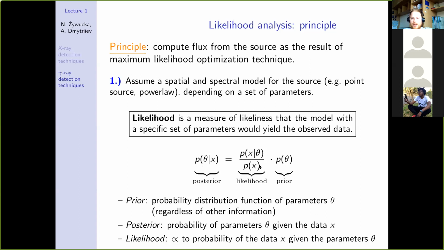So the likelihood is the posterior divided by prior. It is proportional to the probability of the data that we got given specific parameters. And this can be used to iteratively improve our guess about, for instance, the fairness of the coin. We assume the prior is 0.5.